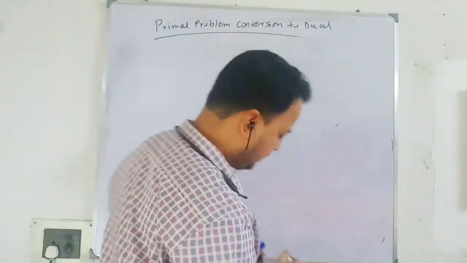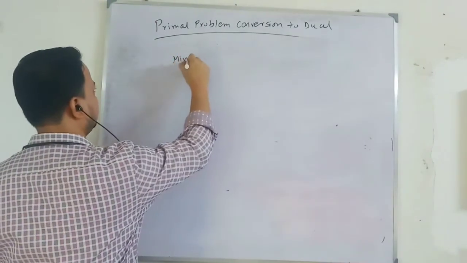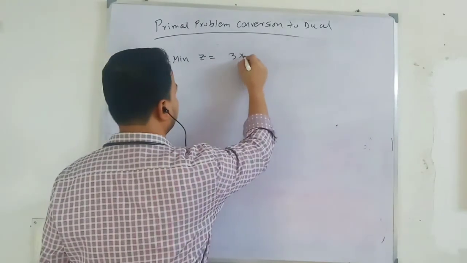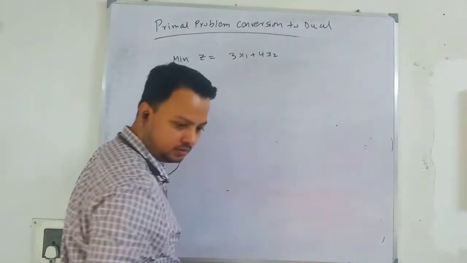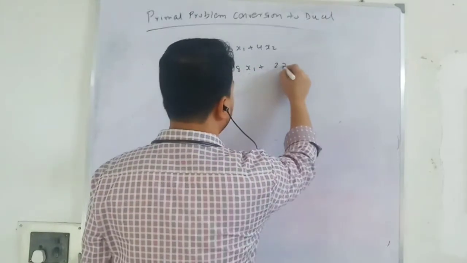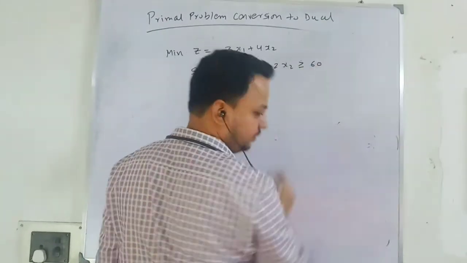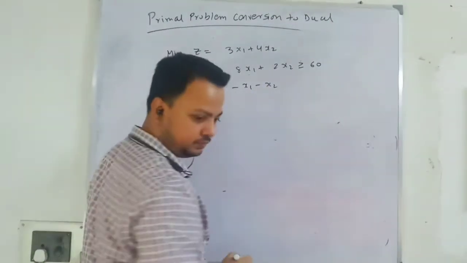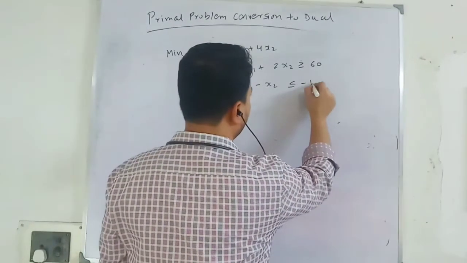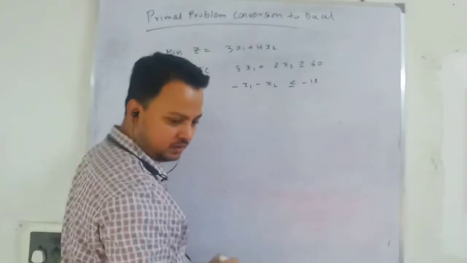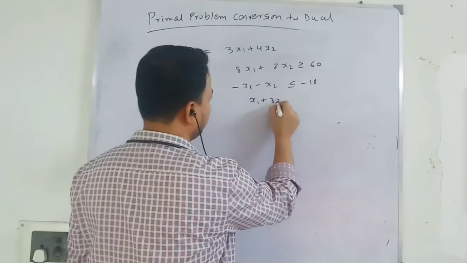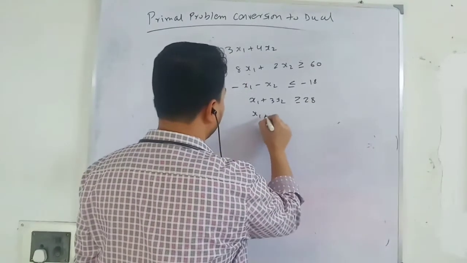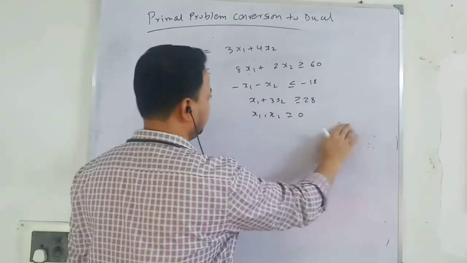So you have been given: minimize z equal to 3x1 plus 4x2, subject to greater than equal to 60, then you have minus x1 minus x2 less than equal to minus 80, then you have x1 plus 3x2 greater than equal to 28, and x1, x2 greater than equal to 0.